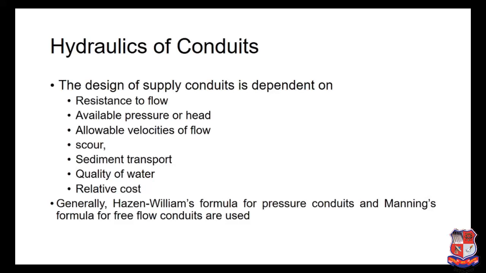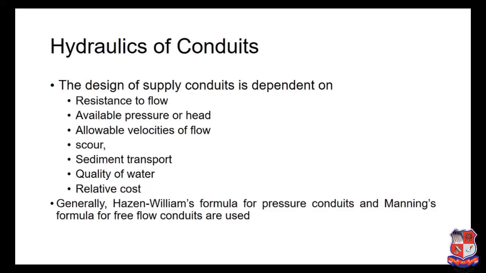Third one is allowable velocities of the flow. We cannot provide more velocity in the pipeline, especially in the pressure conduit, because the frictional losses will increase in the pipeline if the velocity is increasing. There are certain guidelines also provided in the CPHEEO manual on water supply and treatment for the allowable velocities.